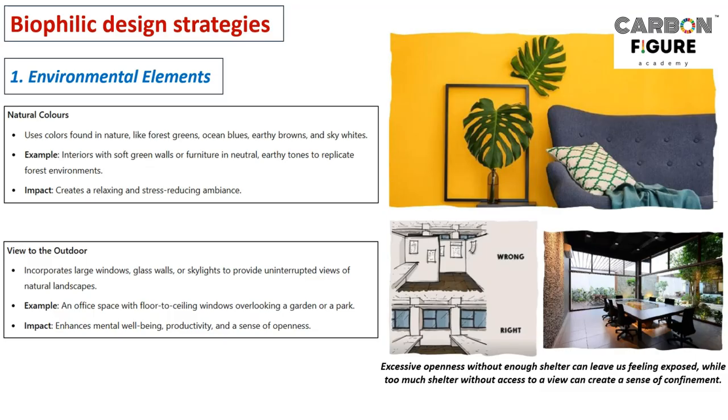Incorporate large windows, glass walls, or skylights to provide uninterrupted views of natural landscapes. It's not about natural landscapes, you just need to see outside. There should be an immediate view. For example, in an office space, there is a design strategy. In office space, we sit most of the time, and once you are sitting, your eye level has some height from the floor.